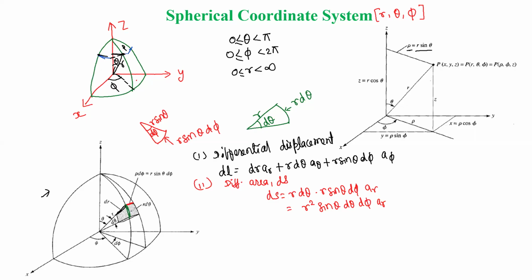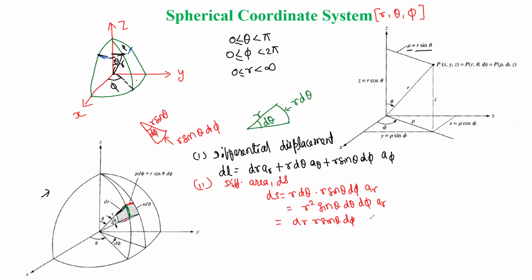This is the one we have seen outside. Now this is another surface. This part you are going to write here: this is dr, then we have r sine theta d phi.